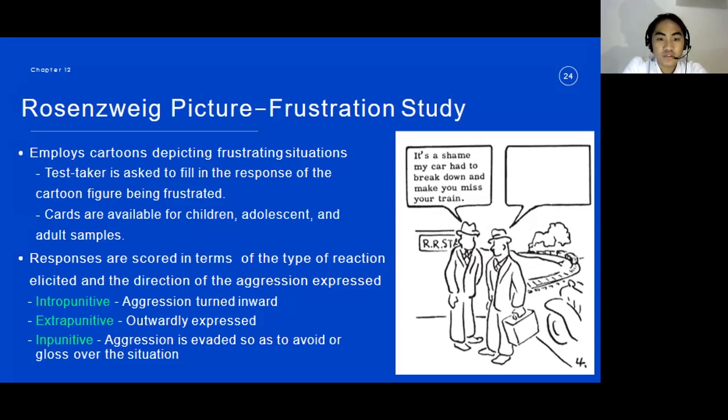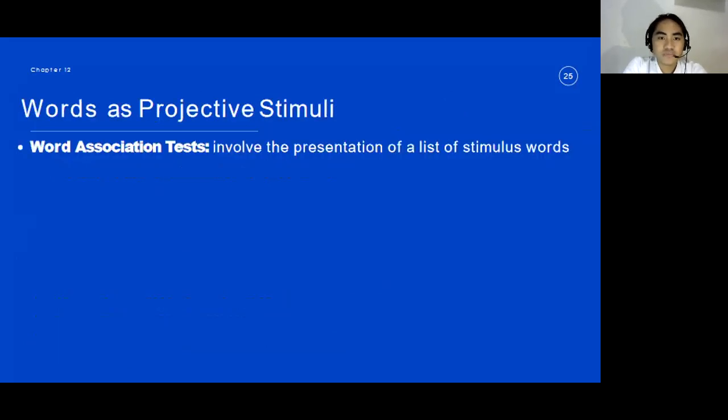So extrapunitive is when it is outwardly expressed. And there's impunitive. So as I said before, no big deal, we'll catch the next one. I'm sorting out or avoiding the frustration and avoiding expressing it.